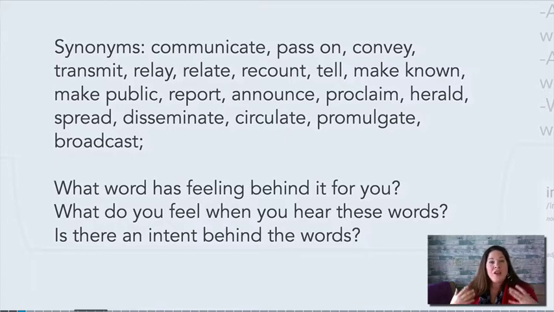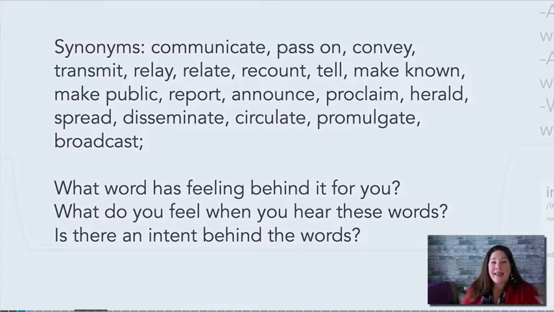They're simply, when you're reading words, when you're working through this process to help you arrive at what is going to be the most effective communication method for you via email, your email conversations, you want to know, what do you feel when you hear those words? Write it down. Write it down in word pictures. Write it out. And ask yourself also, is there an intent behind the words?